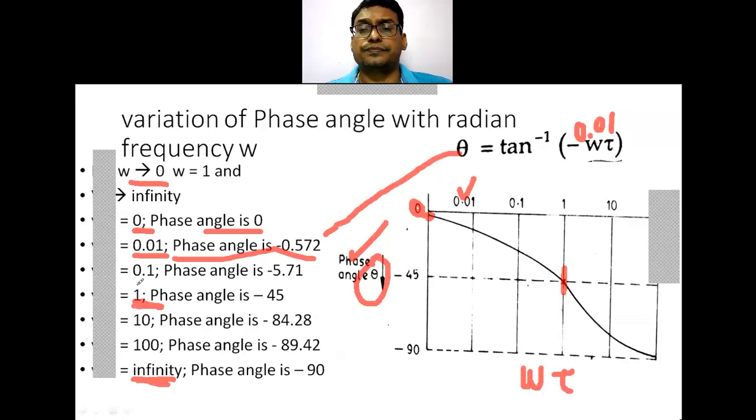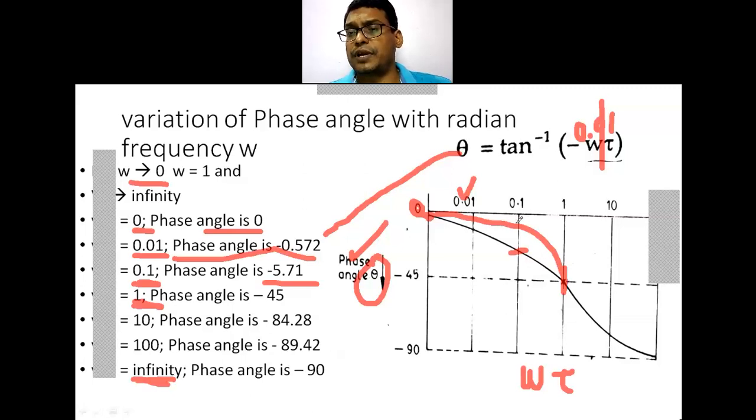Then for the value of 0.1, I calculate the phase angle, and it comes as minus 5.71. So this line actually drops like this.